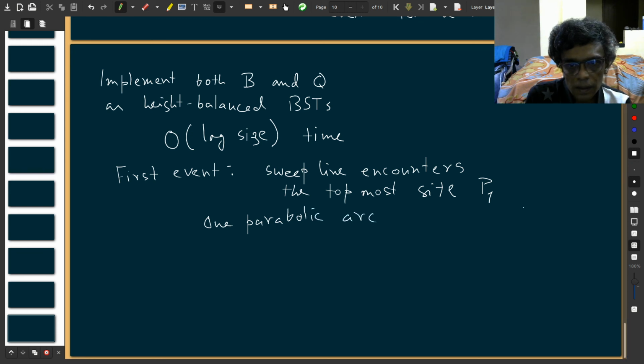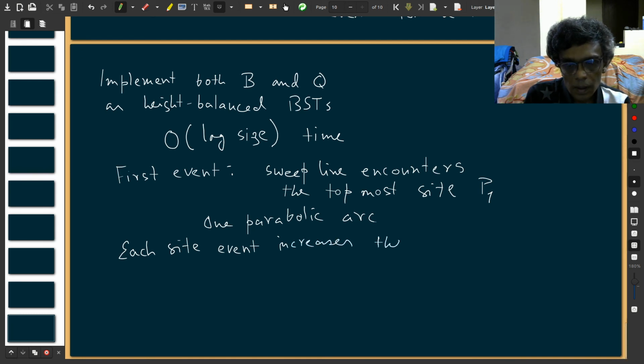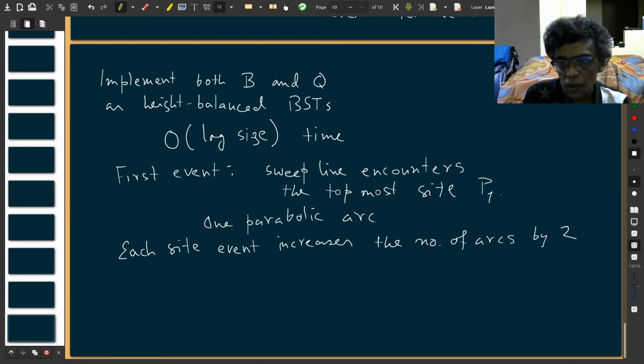After that, each site event increases the number of arcs by 2. For example, P1 is broken down into P1, P1 and P2 is inserted between them. And there can be at most n site events.